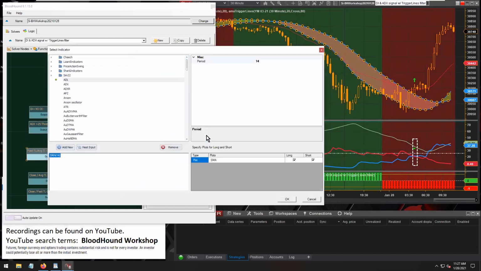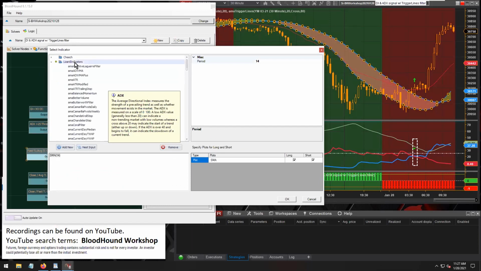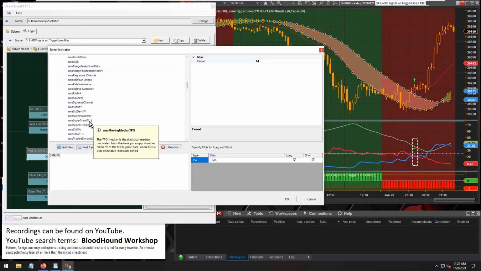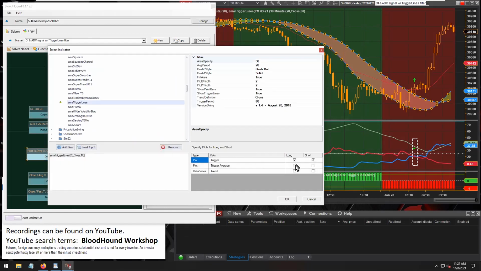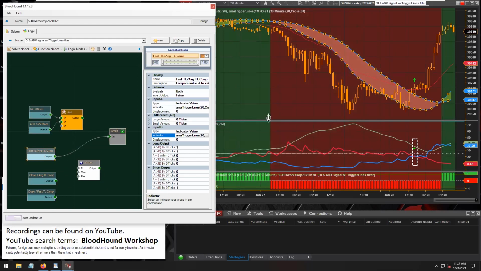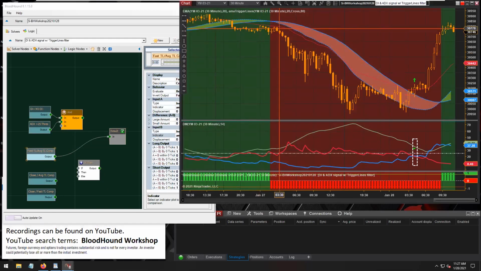Input B, same thing: go to lizard indicators, find our trigger lines. Here's our trigger lines. This time we're going to select the average trigger line. There. All right, so there we go. So this solver is just matching the trigger line output. If it's down, red, we get a short red output.